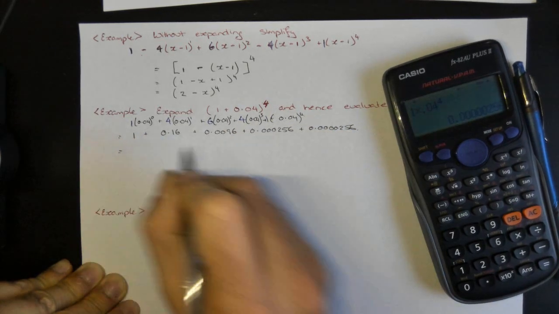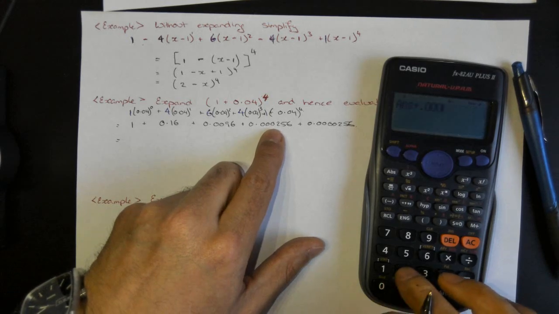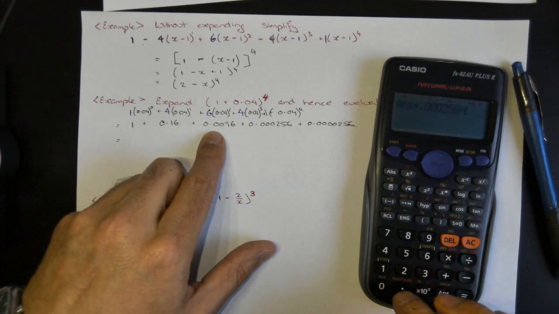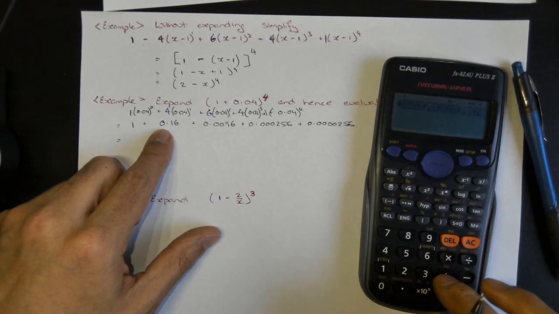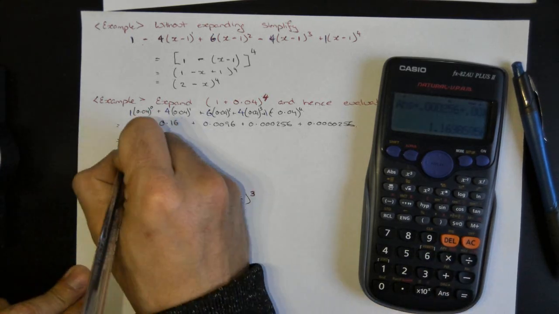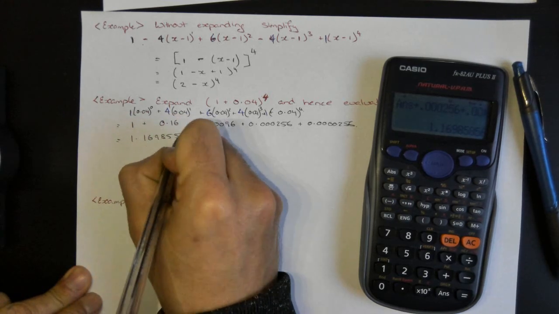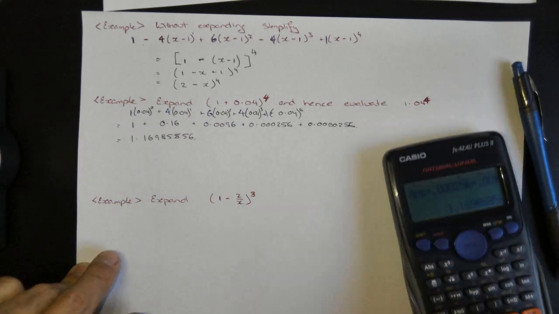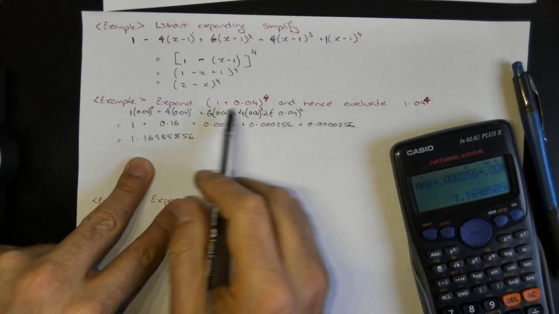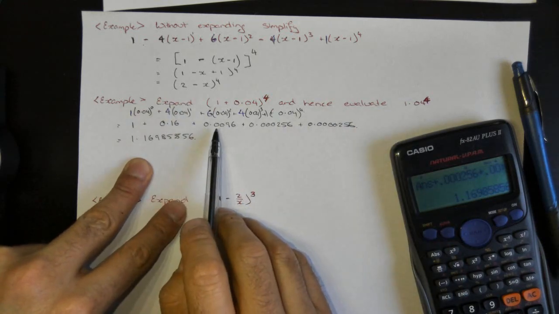If we want to add them all up, and that is 1.04 to the power of 4 using binomial expansion.